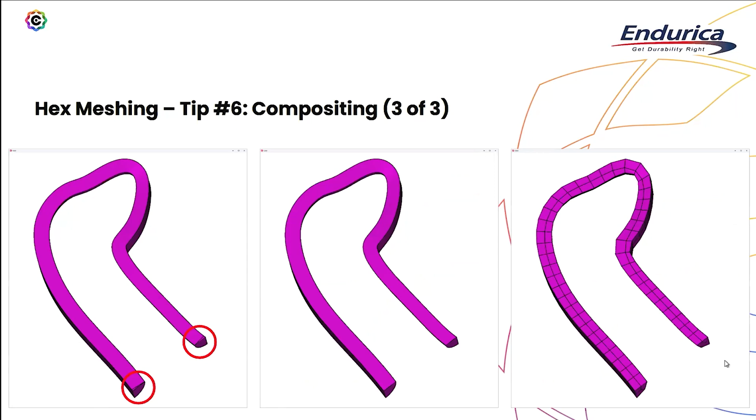And Cubit doesn't really understand how to build those kinds of meshes. So what we do is we say composite those three surfaces into a single surface that now Cubit can just pave all hexes along. So it's not only helpful or beneficial for quality meshes, but is oftentimes necessary to even get a hex mesh in the first place.